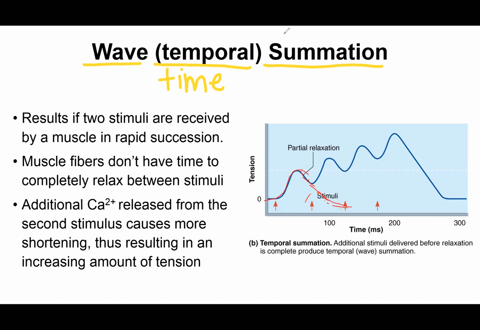But because we were hit with the second stimulus here, instead of relaxing all the way, we start to build up this tension, and that's where the summation comes in, okay? And we are adding waves together because of this time factor, that there's not enough time to fully relax before we got hit with that second stimulus. And so therefore we added tension, okay?